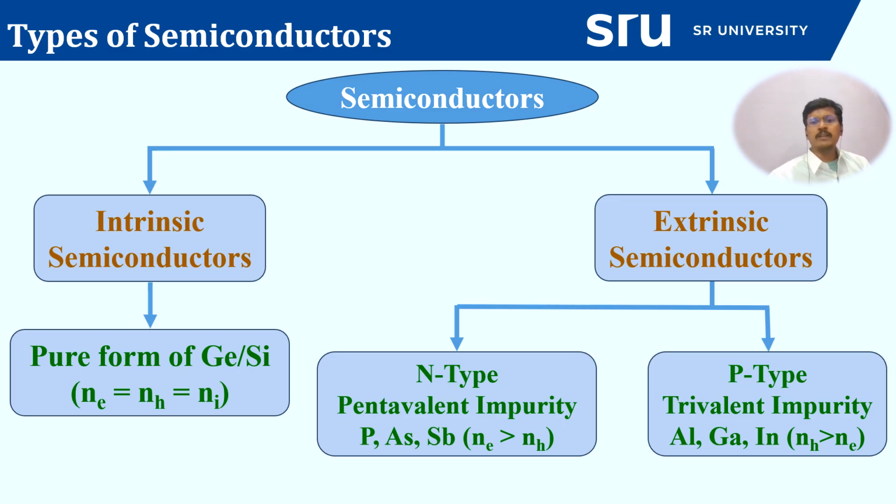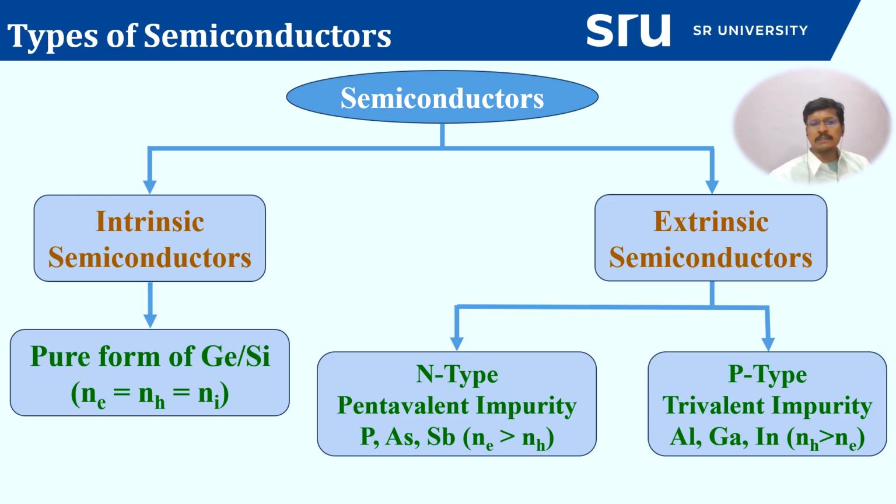One is N-type semiconductor, another one is P-type semiconductor. N-type semiconductors are made by doping pentavalent impurity atoms like phosphorus and arsenic, and the P-type semiconductors are made by doping with trivalent impurity atoms like aluminum, gallium, etc.